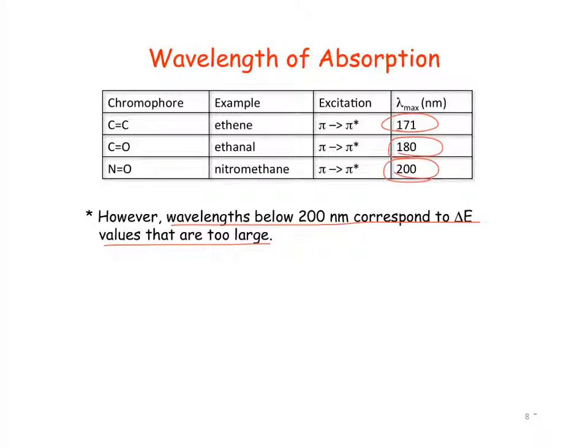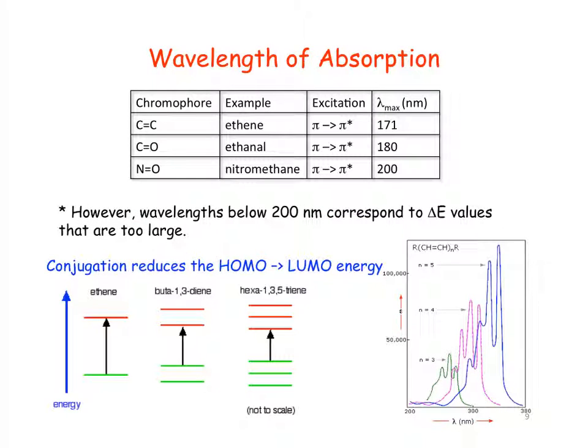So what do we do? We can't look at single pi bonds, but we can look at conjugated systems. As we connect pi bonds together, the gap between the HOMO, the highest occupied molecular orbital, and the LUMO gets smaller and smaller. We could go through the whole analysis and draw out all the molecular orbital diagrams, but I think you guys probably don't want me to do that.